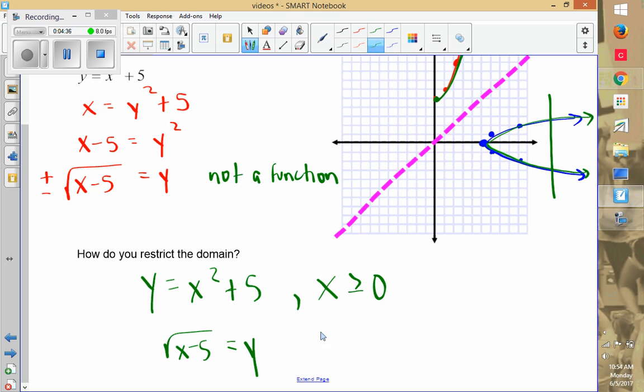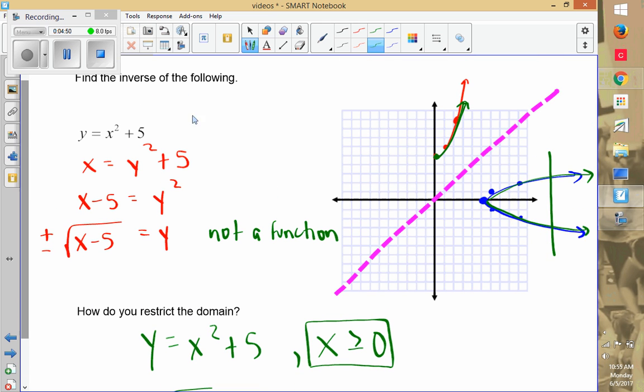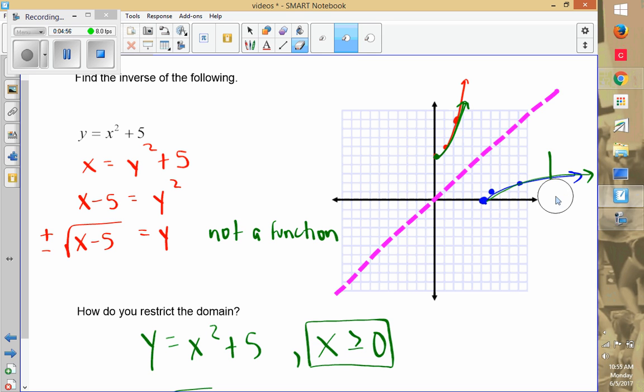In this case, since we are what we call restricting the domain, I'm only including one arm of the parabola. So the inverse would only have one square root, and the graph that I would draw for the inverse would only have one side, the positive square root, and I would therefore pass the vertical line test.